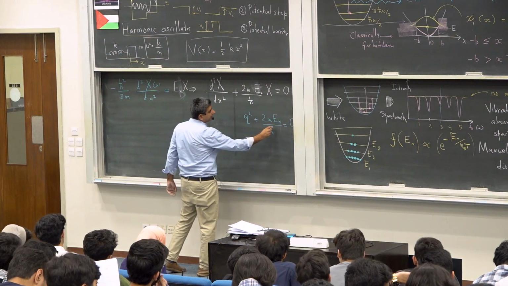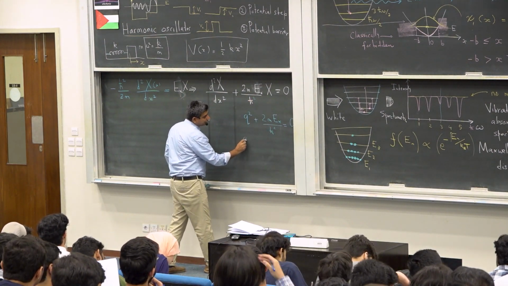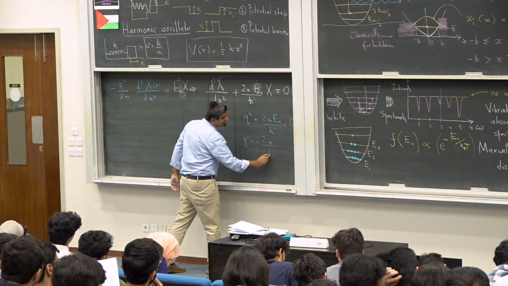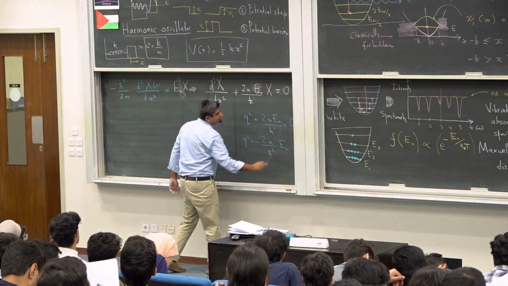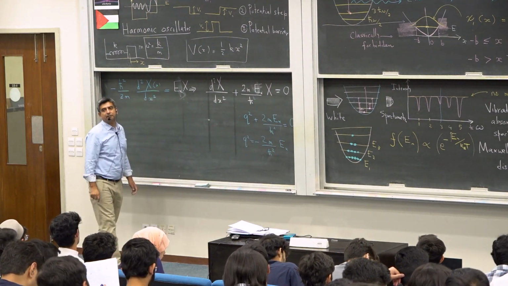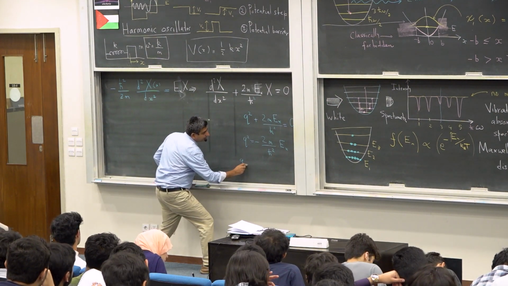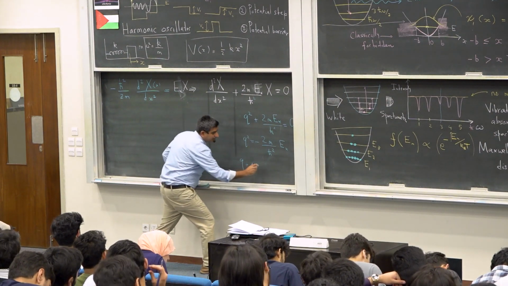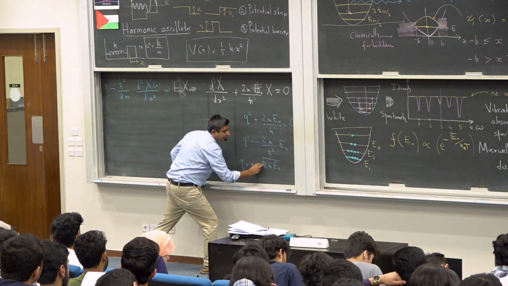What this means is q square equals minus 2m Ex over h bar square. So the solutions are plus minus iota square root of 2m Ex over h bar.